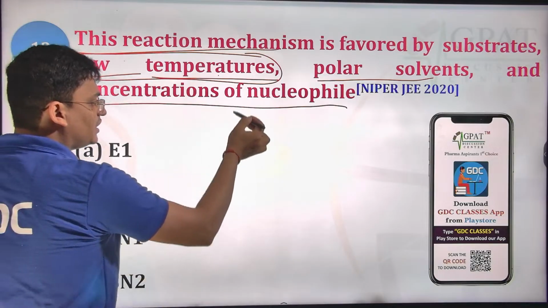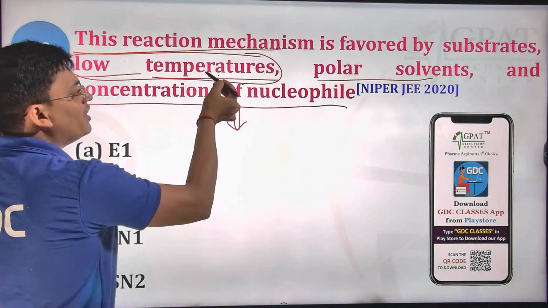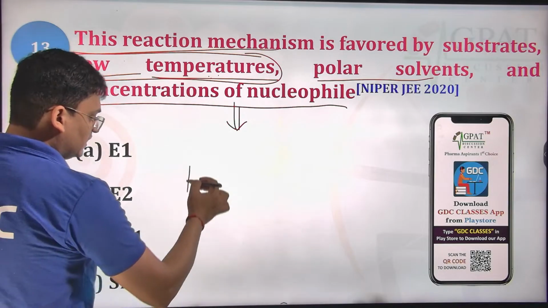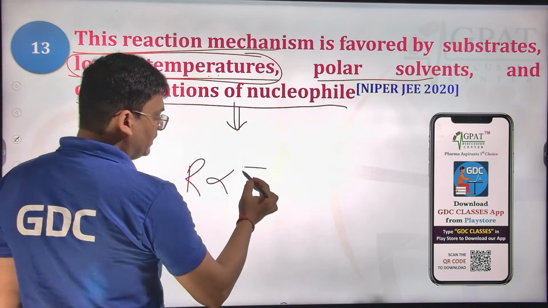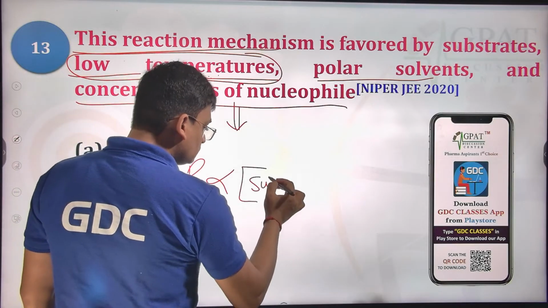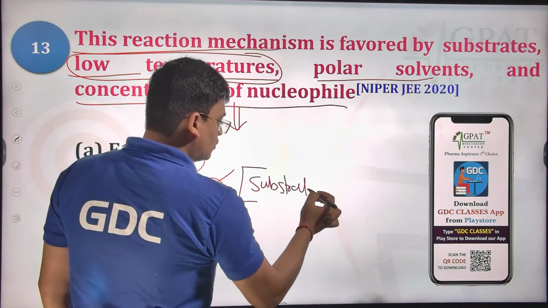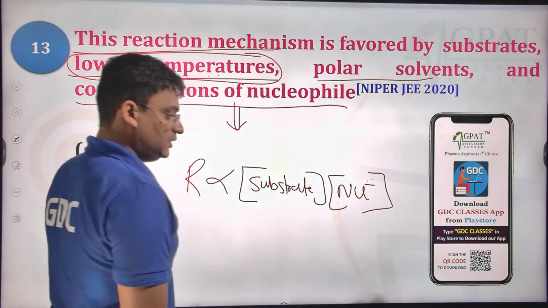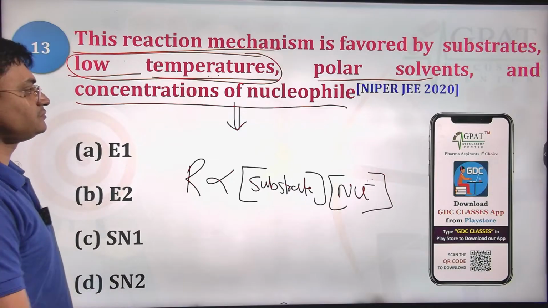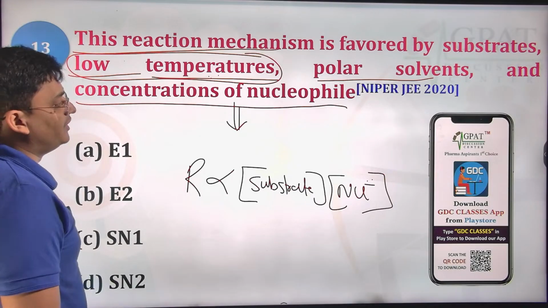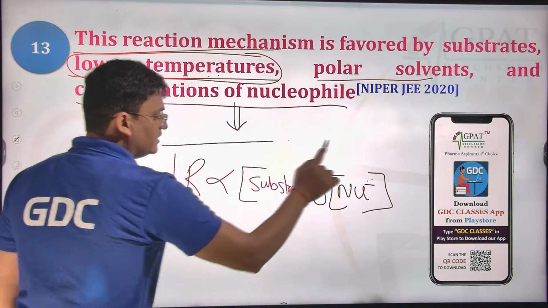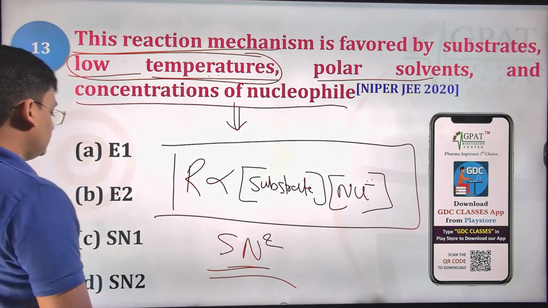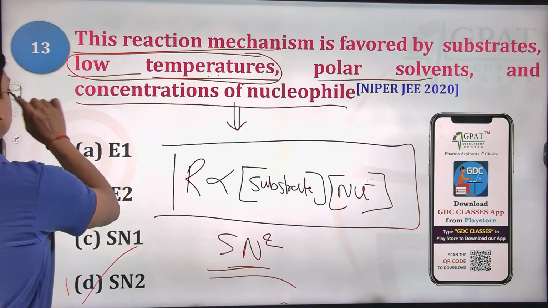So the rate of reaction depends on the substrate as well as on the concentration of your nucleophile, in a polar solvent. This gives the idea that yes, this reaction will be an SN2 reaction.